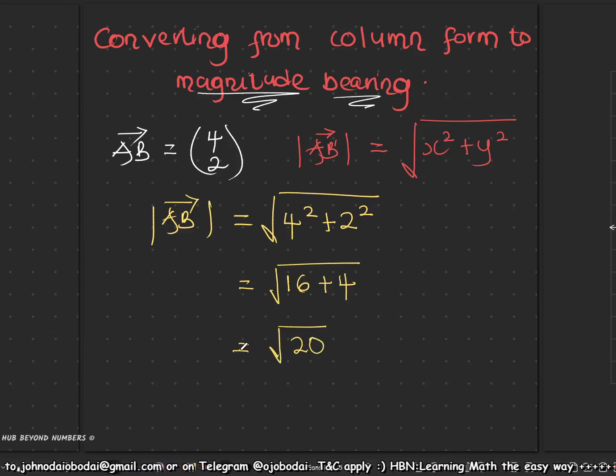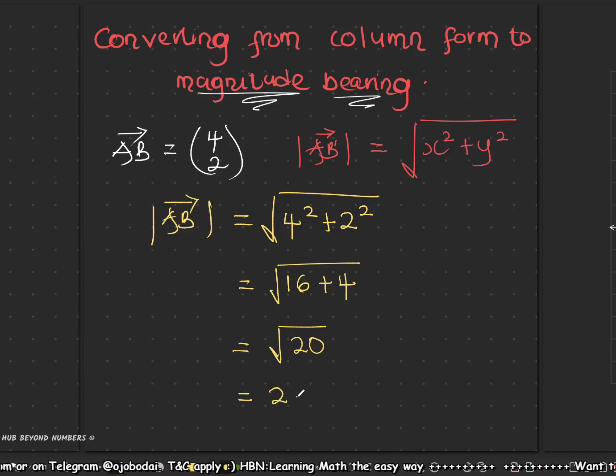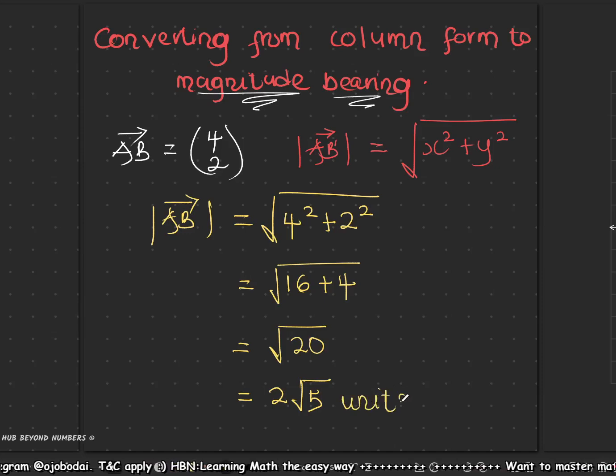If you learned surds and want to simplify further, that is in Form 3, then you get 2 root 5 units. But at this stage you can choose to leave it here and write your units. It's fine. So we have now gotten the magnitude of the vector.